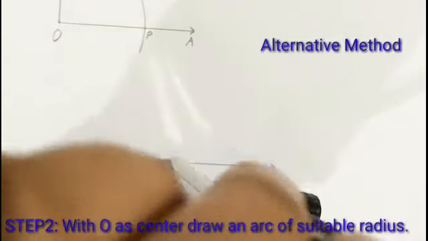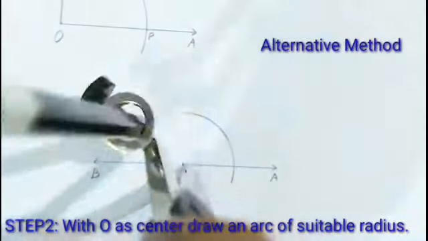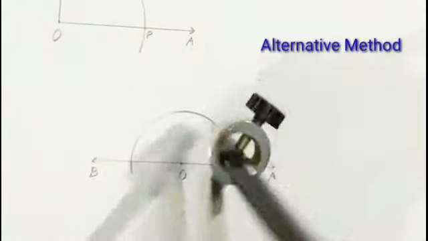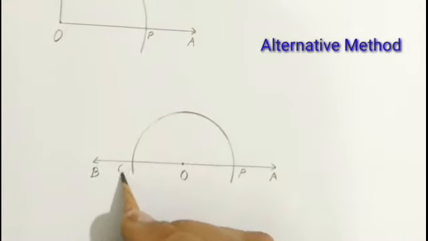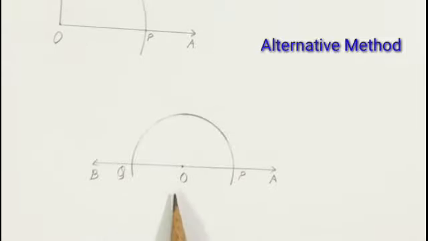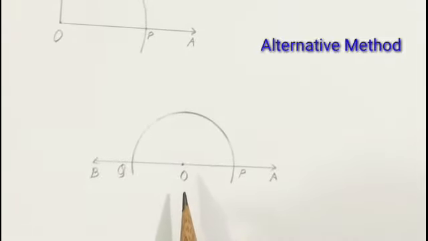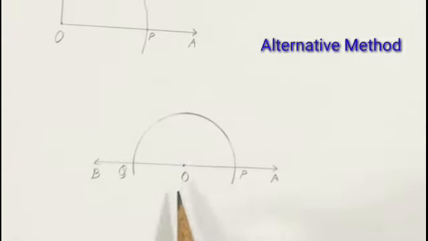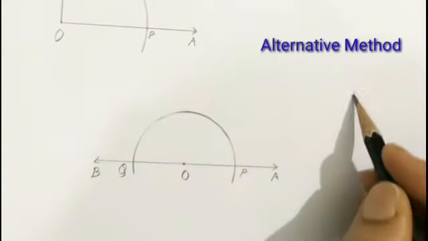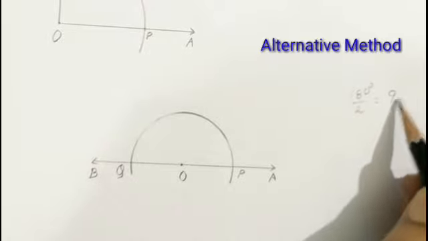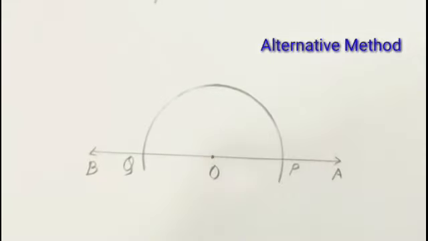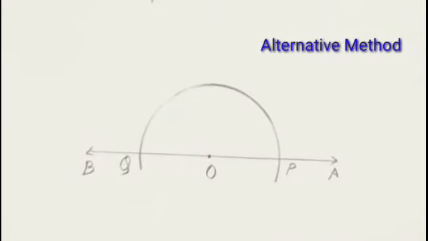O as center, draw an arc of suitable radius which meets line AB at points P and Q. It means this represents an angle of 180 degrees, and once you bisect the angle of 180 degrees, you will get half of 180, which means 90 degrees. So let's bisect the angle of 180 degrees.